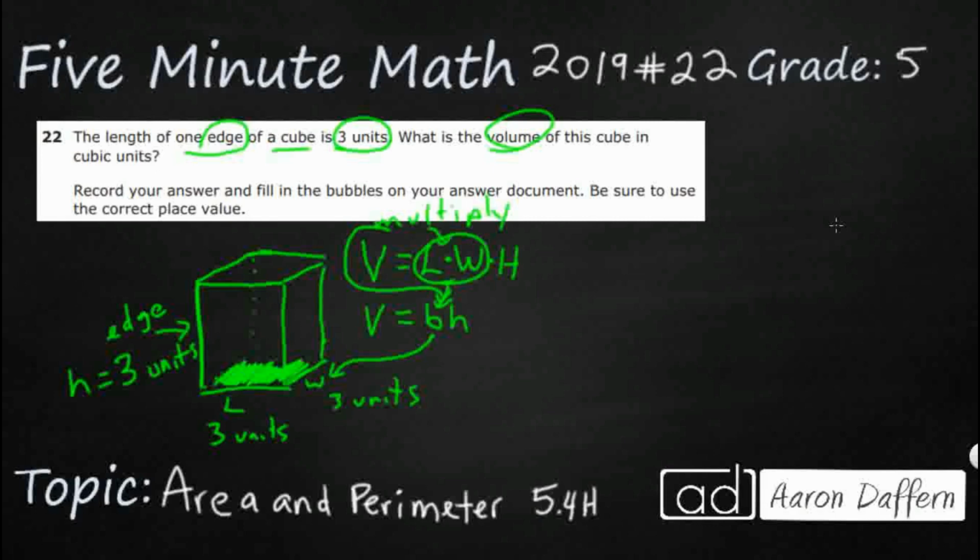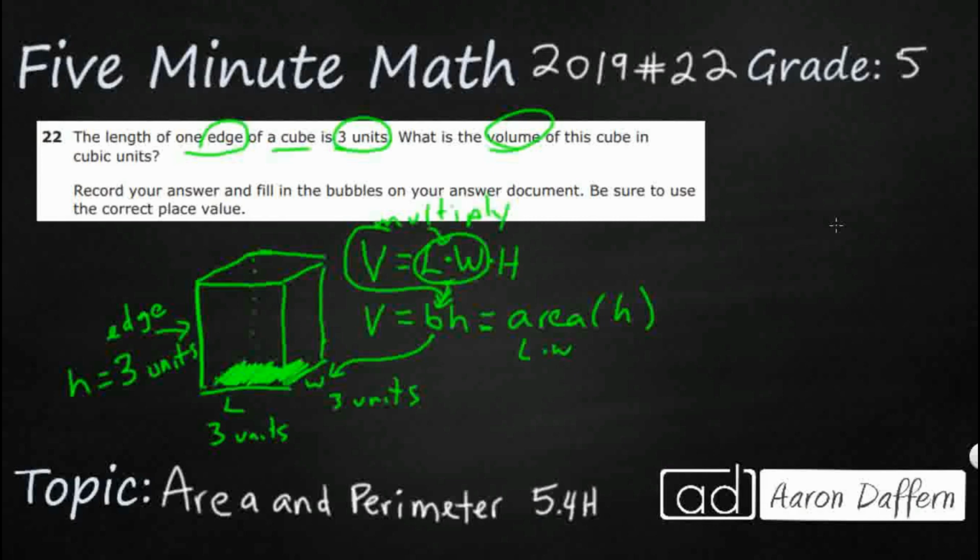So volume is going to equal the base, which is the area, multiplied by the height. Either way, it's going to end up being the same thing, because in order to find that area, guess what we're going to need to do? That's length times width. So we're going to end up multiplying 3 times 3 to get our 9, and then multiplying that by another 3 to get our total volume.